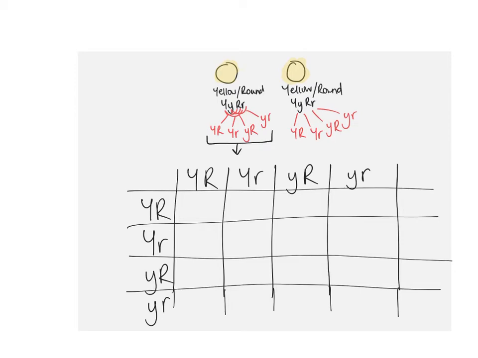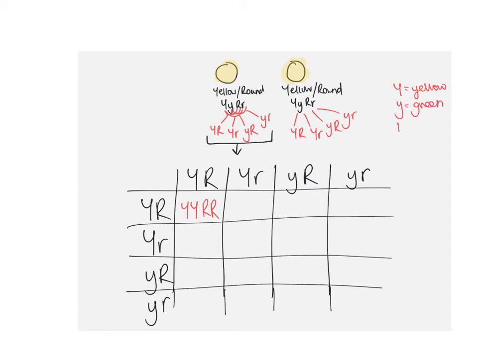Okay, so I can get rid of that column towards the end. Now remember, my Y's stay together and the R's stay together as well. The easiest way I find to do it is to write them out, big Y, big R, little r, and using my key from the previous question, so I know that big Y is yellow, little y is green, big R is round, and little r is wrinkled.